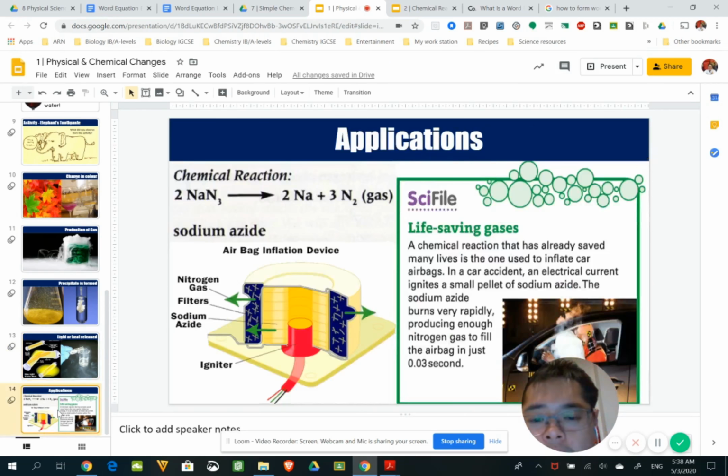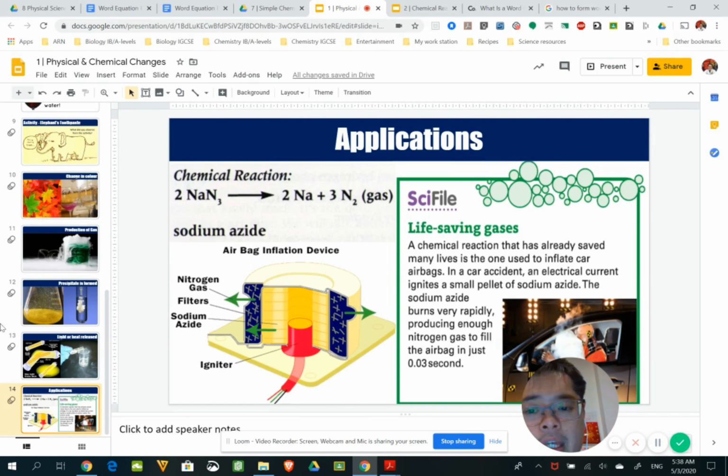And this is one example of a chemical change, found in car airbags. Inside there, some substances will react, and you will eventually form the inflated part of the airbag in cars.